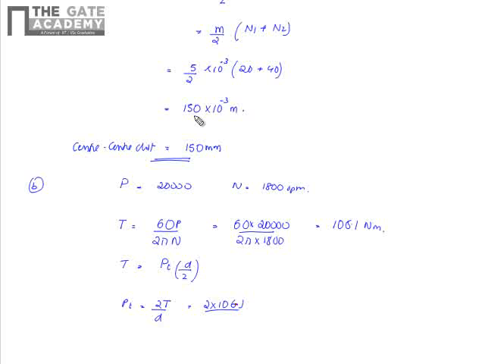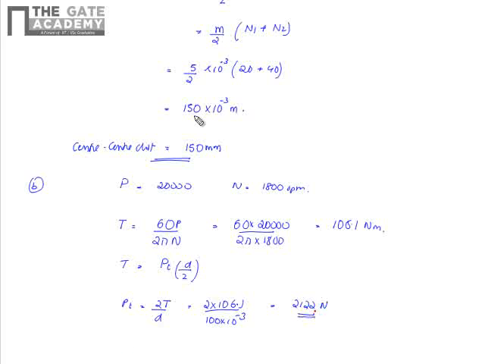Diameter of the pinion will be N1 into M, that is 20 into 5, so it will be 100 millimeters. So this will be 2 into 106.1 divided by 100 into 10 to the minus 3. That will be 2122 newtons. This will be the tangential force transmitted.